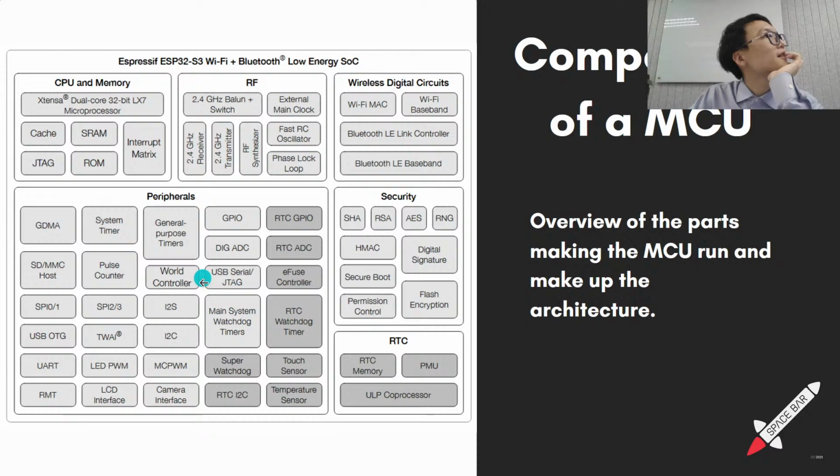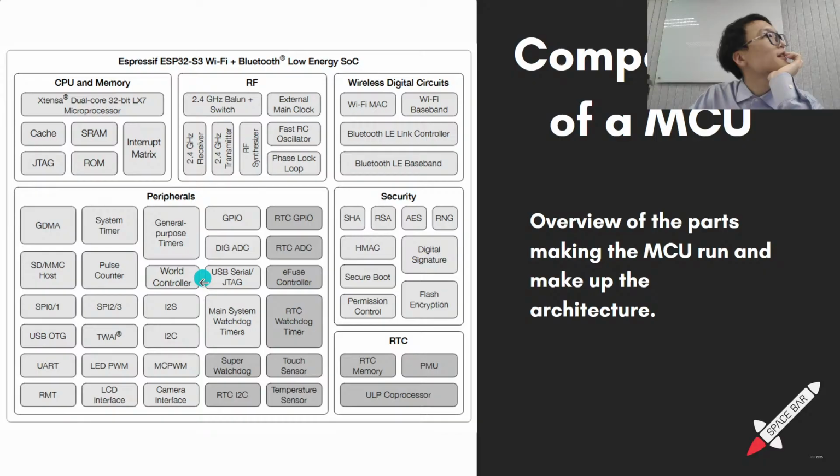And memory, just like your traditional PC, it also has memory. And there are 3 types. There's SRAM, which is random access memory, which is essentially you can store data that stays there until you reboot the chip. And flash, which stays there.